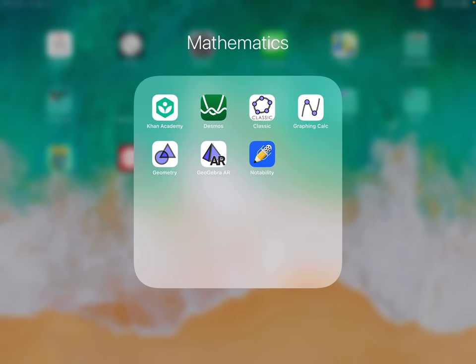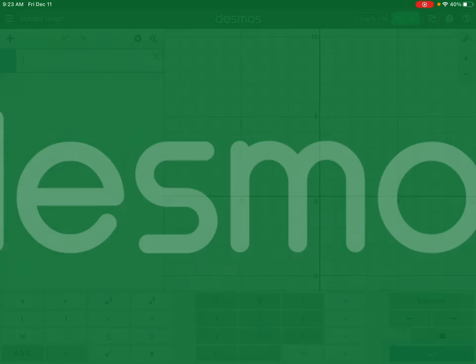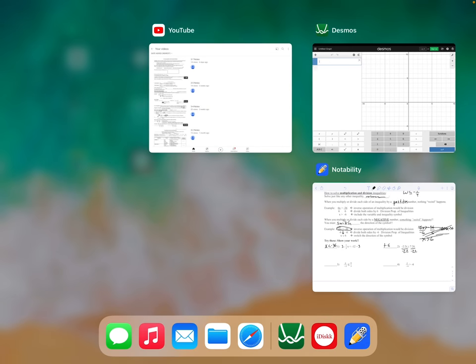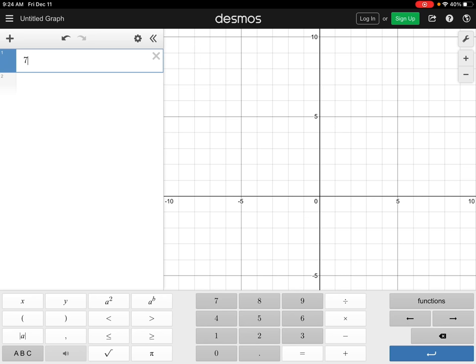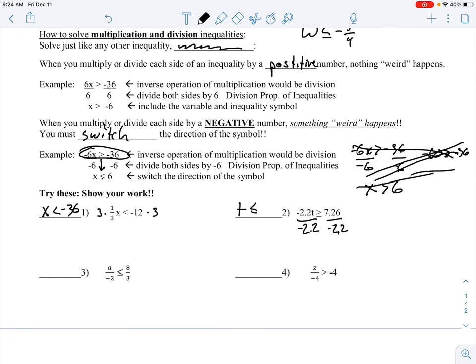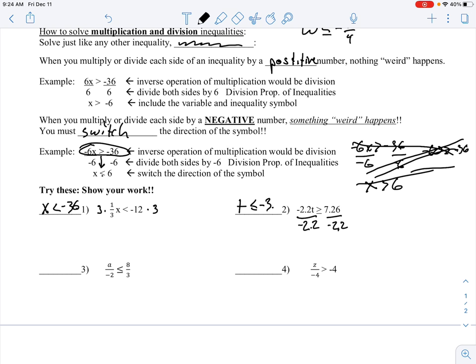That'll work. We wanted 7.26 divided by negative 2.2. And here we see we get negative 3.3. So t is less than or equal to negative 3.3.